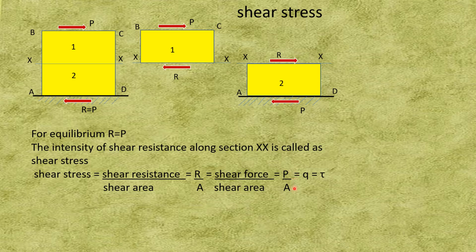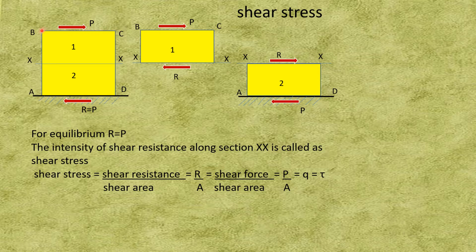So P upon A. Now which is the area that we consider? If I consider section XX, then we will consider this length into the dimension which is perpendicular to the screen, which we can't see. Here it is BC into the thickness of the block ABCD, which we can't see.